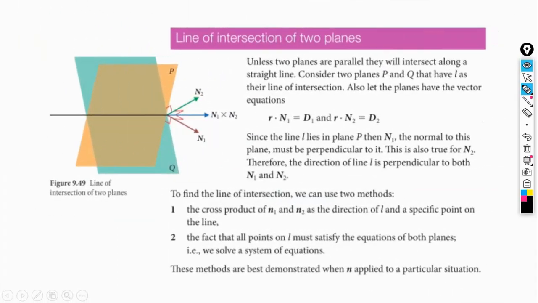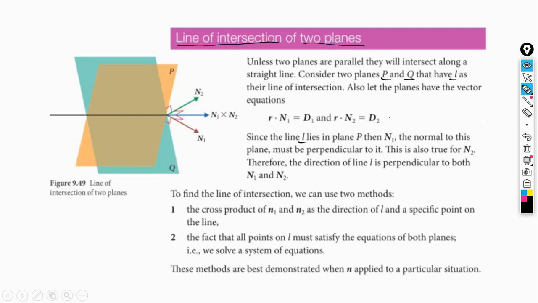So now let's take a look at the line of intersection of two planes. Unless two planes are parallel, they will intersect along a straight line. Consider two planes P and Q that have L as their line of intersection. Also let the planes have the vector equations r dot n1 equals d1 and r dot n2 equals d2.